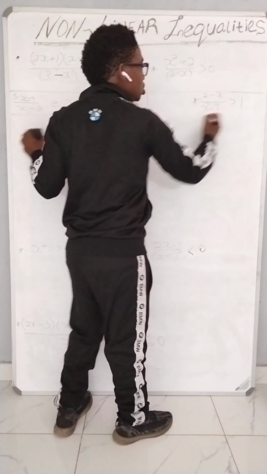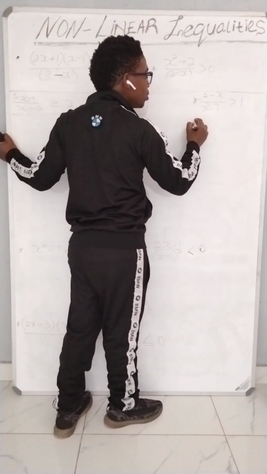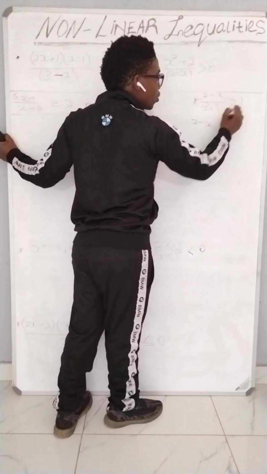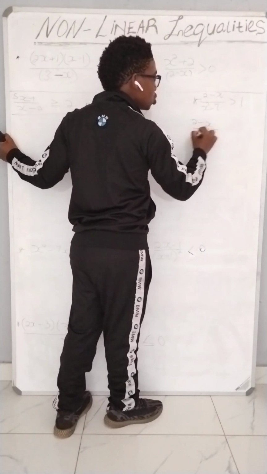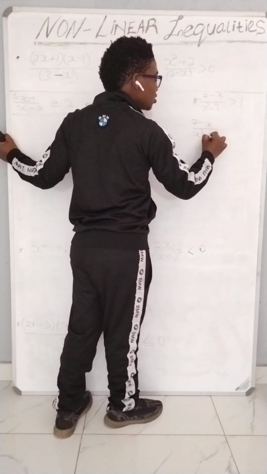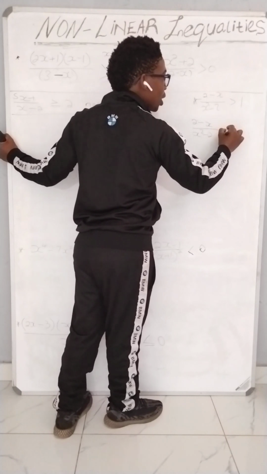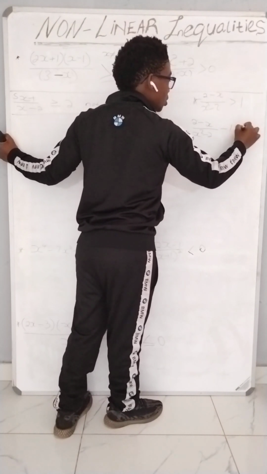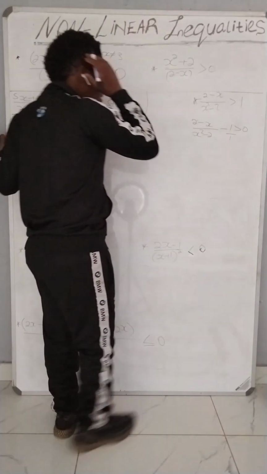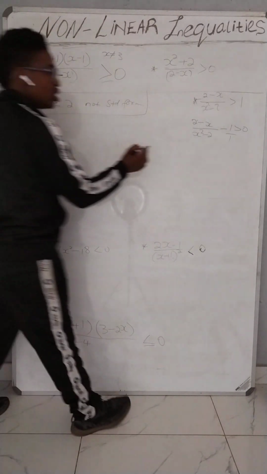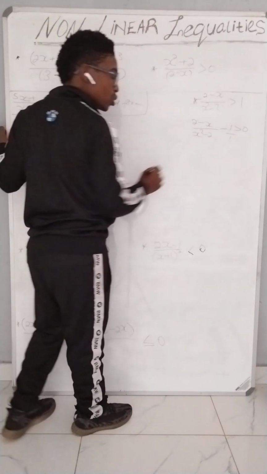So the first step, as always, will be to remove the 1 from this side to get our equation in standard form. Minus 1 is greater or equal to 0, which is like that. Now, I want to see if we can factorize this before we go any further.